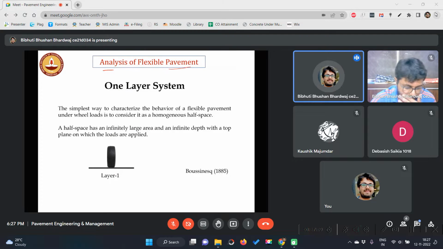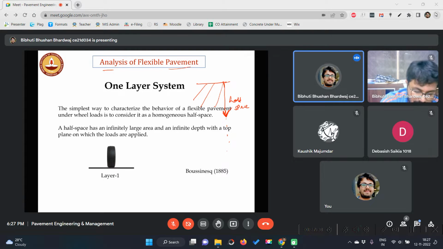Okay? In this analysis of flexible pavement, we will go step by step. In the first step, we will assume that our pavement structure is one layer. One layer means only this infinitely large or long layer is there, which we called half space. If you remember, the surface was called half space. That means there is no specific thickness for this layer, it is infinity.